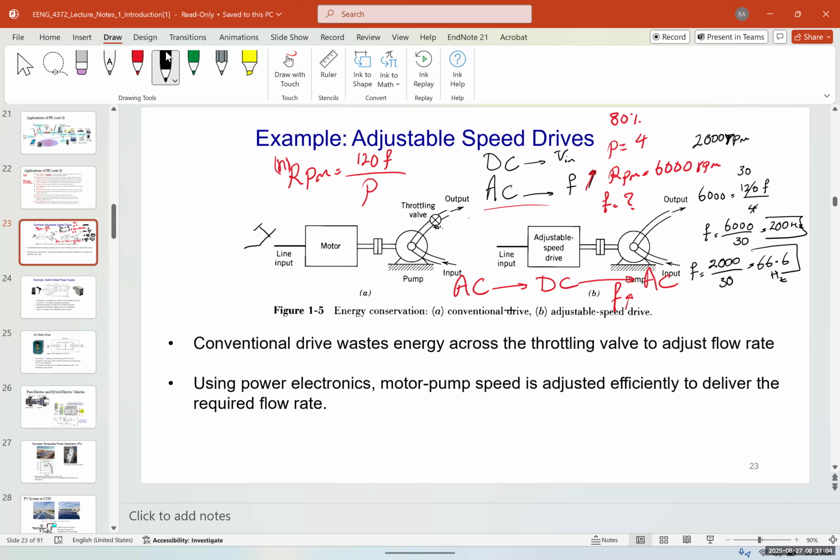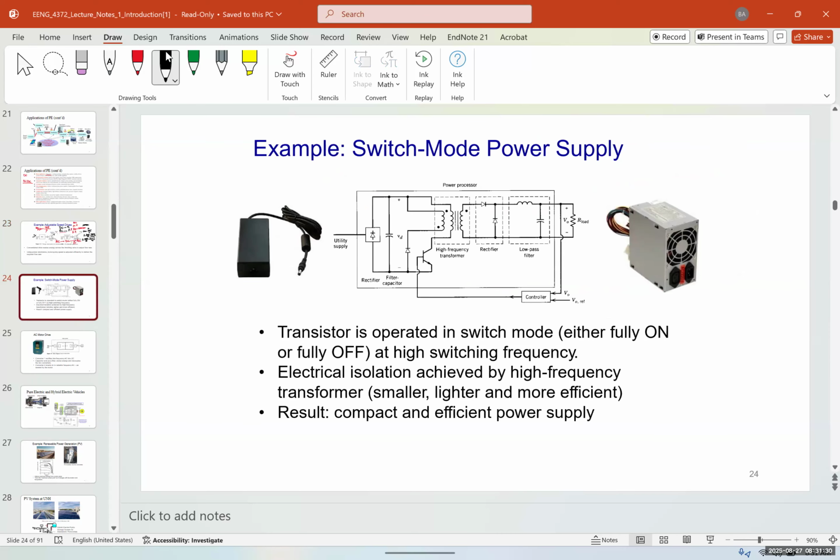So sometimes it's easier to build an AC to AC adjustable speed drive and converter than just use a DC motor, where you need a controller for that. A conventional drive wastes energy across the throttling valve to adjust the flow rate. Using power electronics, motor pump speed is adjusted efficiently to drive the required flow rate without the loss.